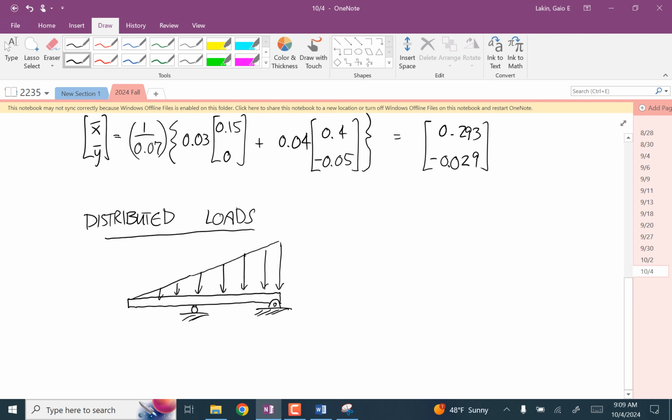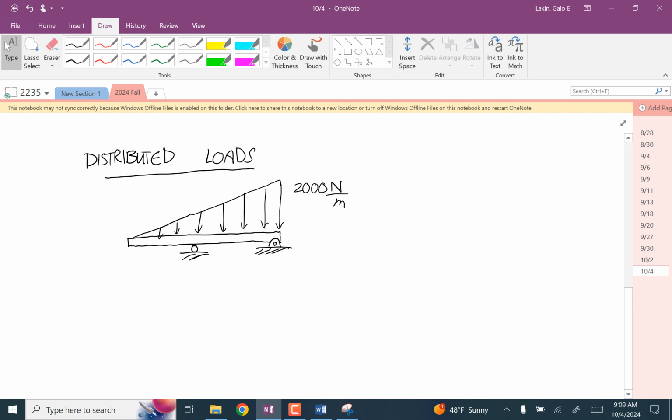And it'll be given as like at the highest point of this distributed load is 2,000 newtons per meter. Okay, so it's forces spread out over a distance. And it's always the case that if you go to enough precision for a problem, every load is a distributed load.